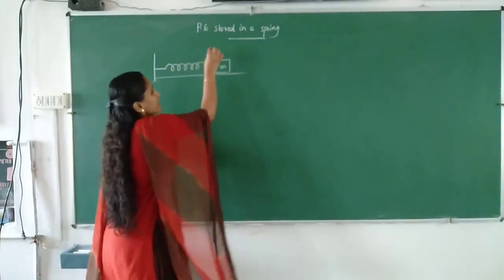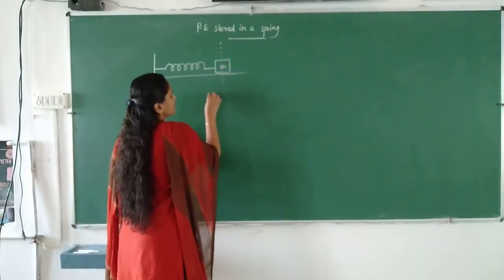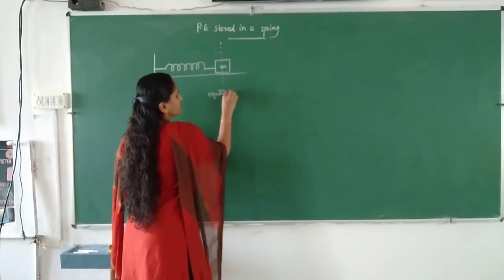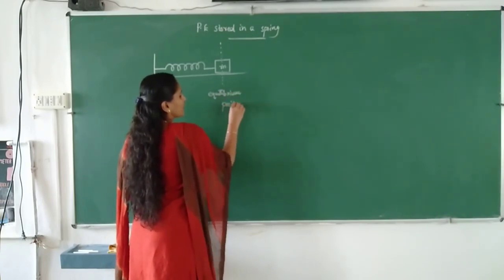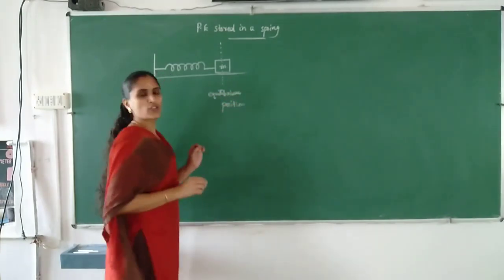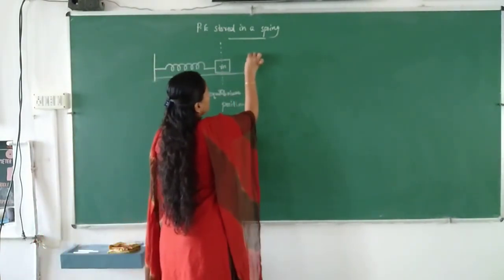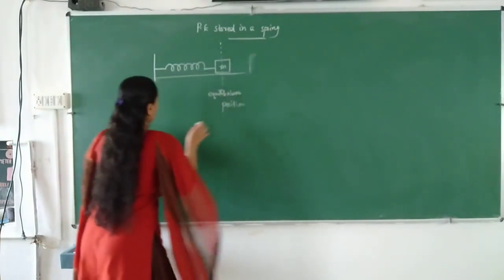So we can say that this is the equilibrium position. Once you stretch it, for example, if it reaches up to here, and in the next case you can go like this.